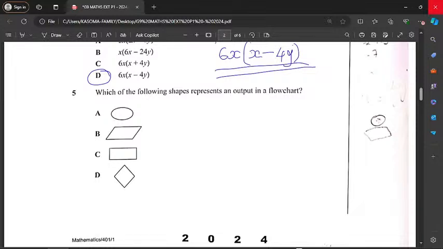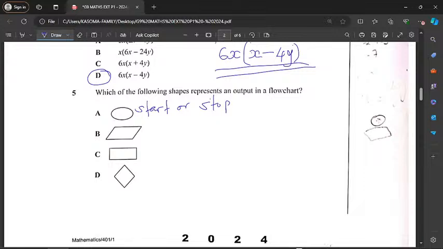So we talk about A. We have A here, which is usually start, or stop.